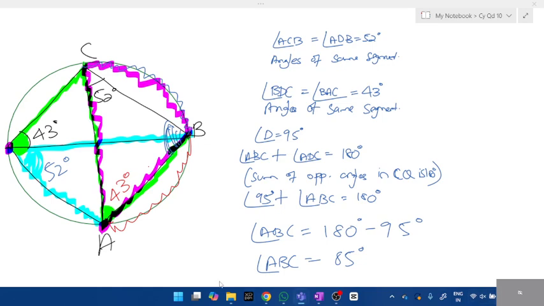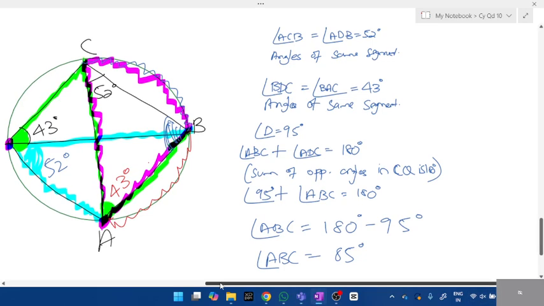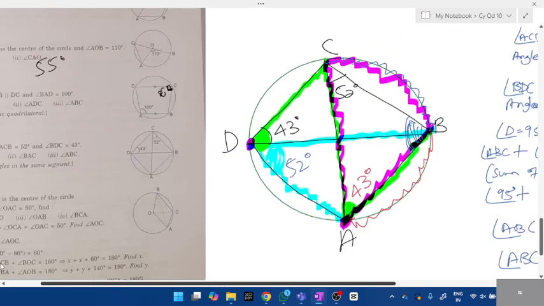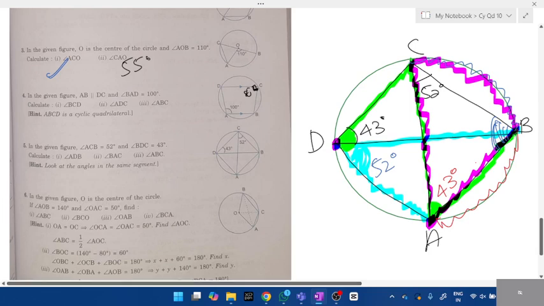That's it. These are the three angles they have asked us. This is the answer. ACB, BDC. Look here. ACB they have asked. BDC.